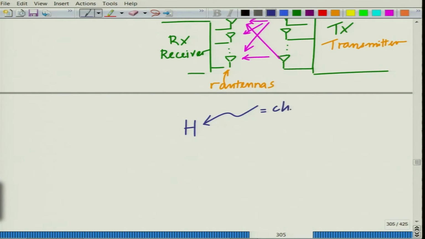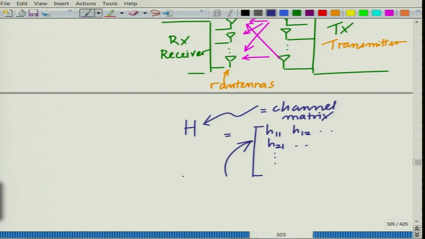This is the channel matrix, which is of the form H11, H12, H21, and so on, and this is an R cross T channel matrix, right, which contains the channel coefficients.